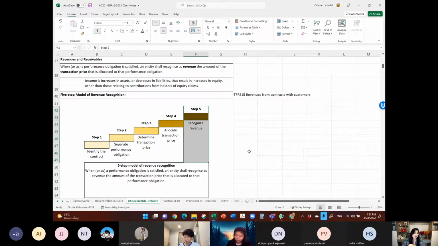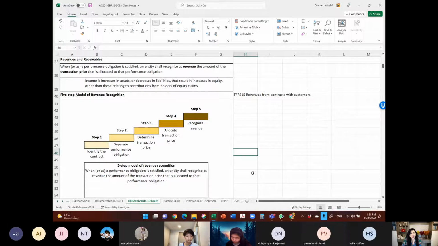So this is what we call the 5-step model in revenue recognition. And if you have already earned that revenue, meaning that you recorded it already, but you have not collected the money, in that situation, you would have the accounts receivable.